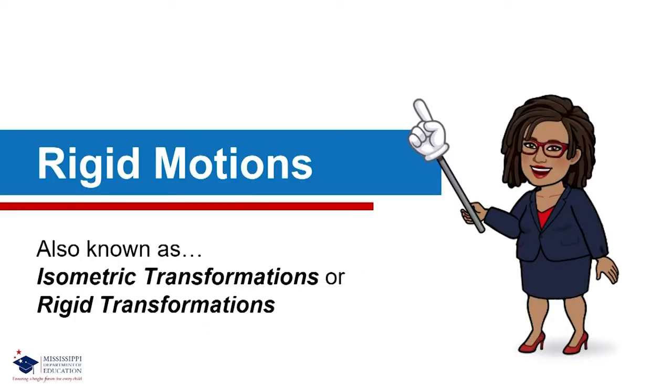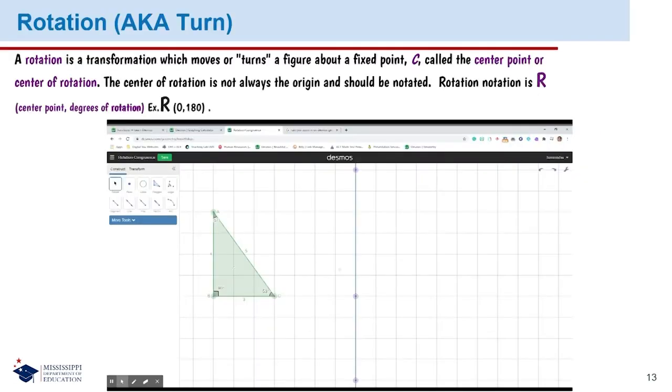Let's look at rigid motions. Now, rigid motions are also known as isometric transformations or rigid transformations. Rotation is something you may have heard of. Some people refer to it as a turn, but the correct mathematical terminology is a rotation.